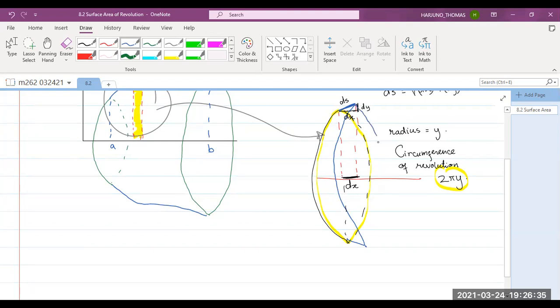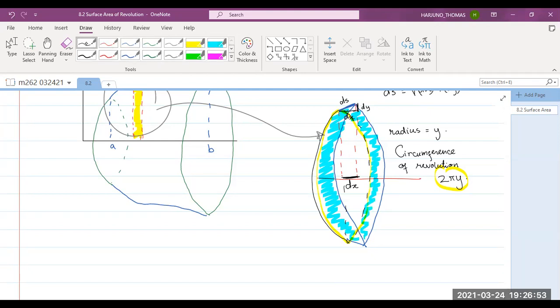then what will the area be here? Let me use a different color. What will the area be here? Then the area will be, that's approximately the area of a band whose base is 2 pi y and the width is ds.